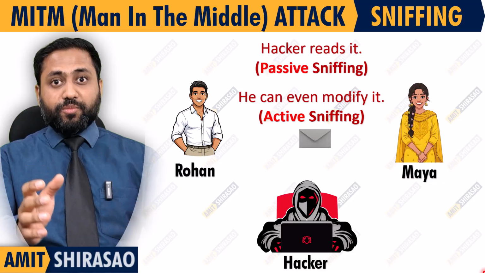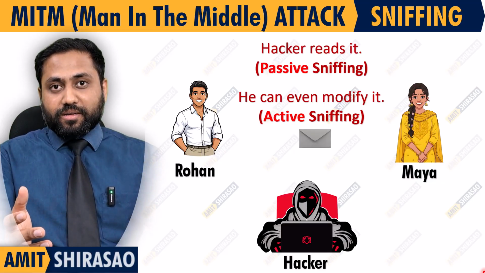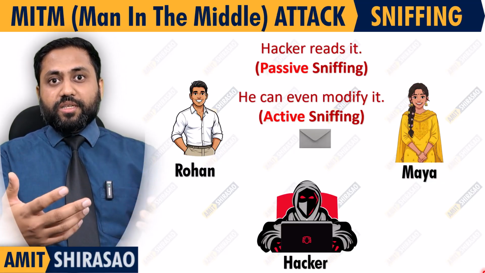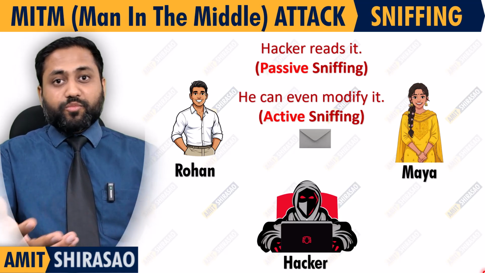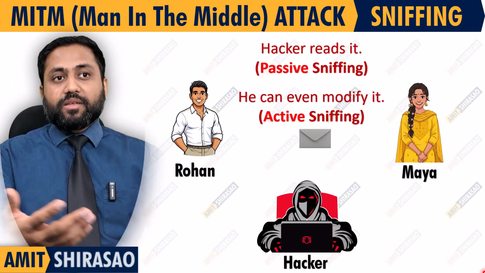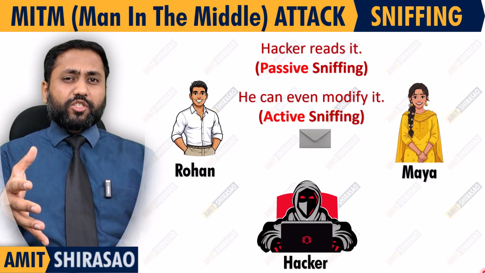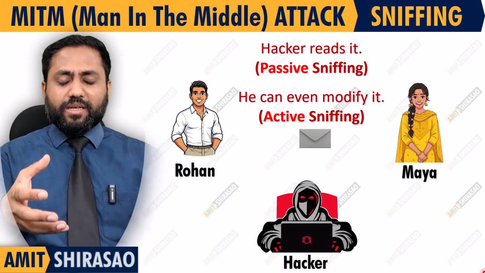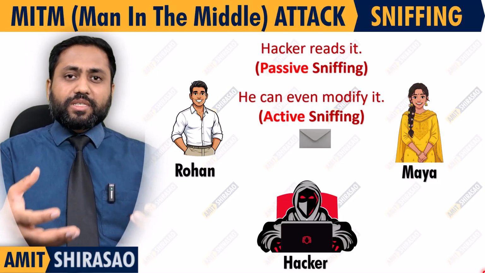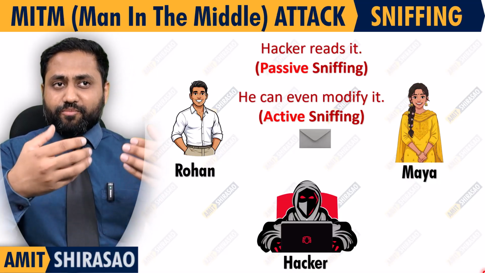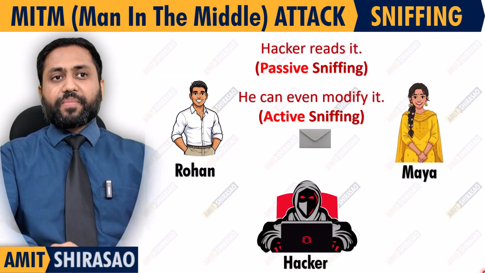So the message will be, oh, I lust you, Maya. So immediately the meaning changes, the context changes, and probably Maya is going to dump this guy. Their relation can be jeopardized. Our relations are in general very fragile, and basically they are vulnerable to this kind of attack. Okay, passive sniffing and active sniffing.